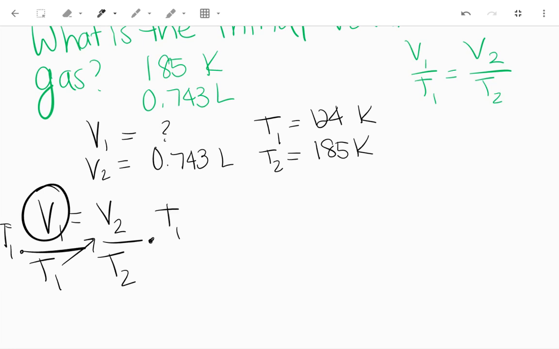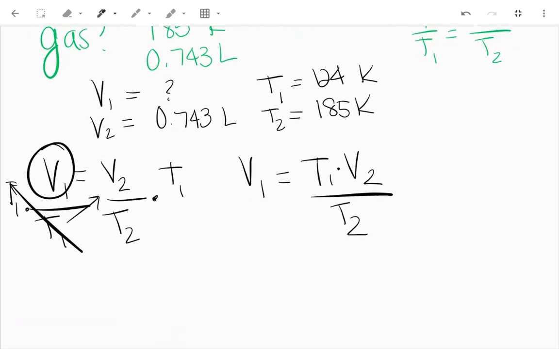This one cancels, leaving me with V1 equals T1 V2 over T2, which means we're multiplying these two and then dividing by the second temperature.